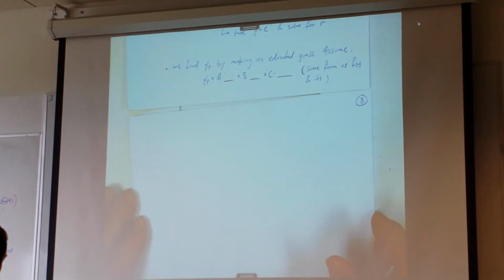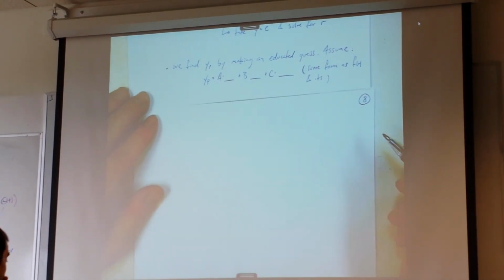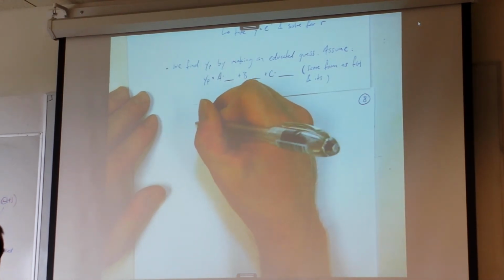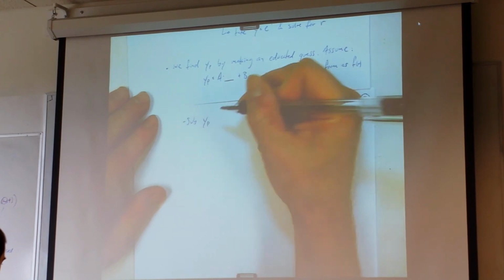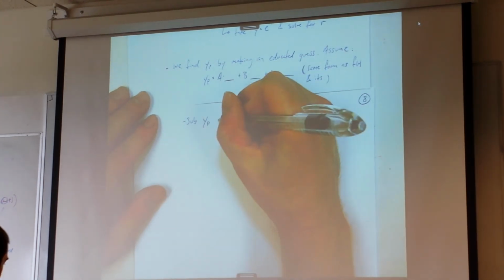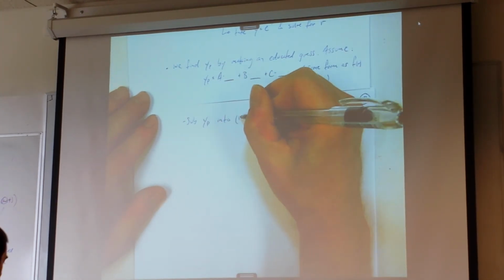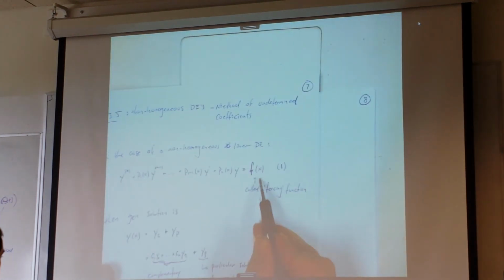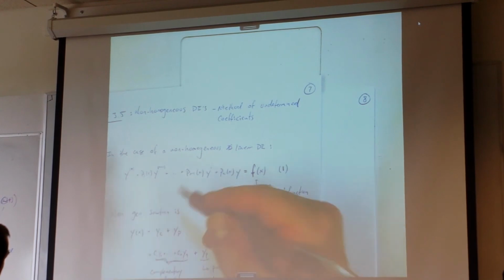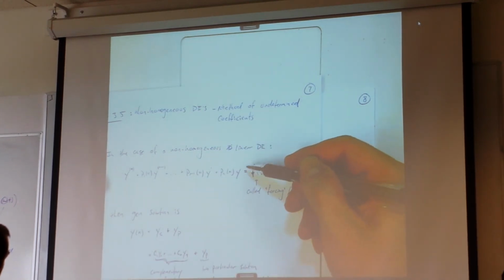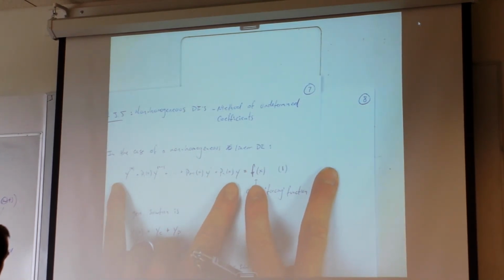All right. So once we guess this form of y sub p, we sub y sub p and its derivatives into equation 1. Okay. So we guess the form of the solution, put it in there, find all its derivatives, and then we find those coefficients, a, b, c, those constants that make the left and right hand side equal.